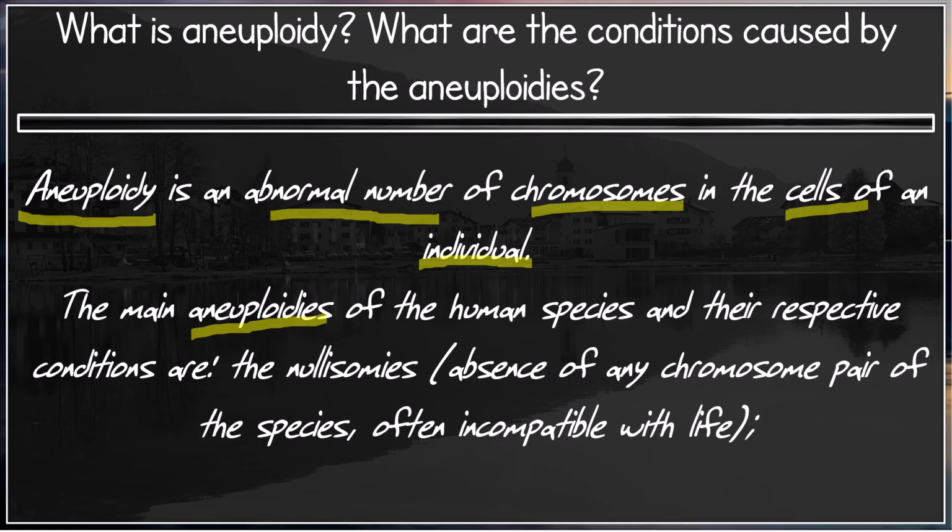The main aneuploidies of the human species and their respective conditions are nullisomy, absence of any chromosome pair of the species, often incompatible with life.